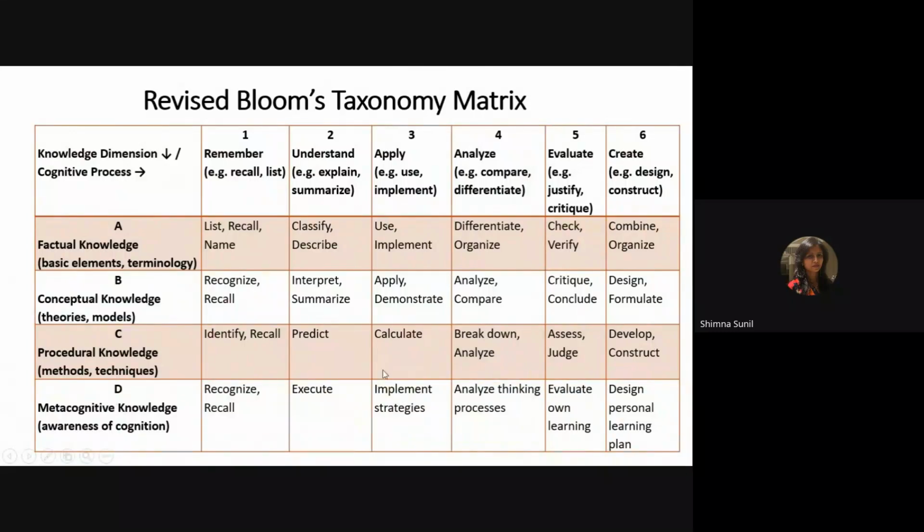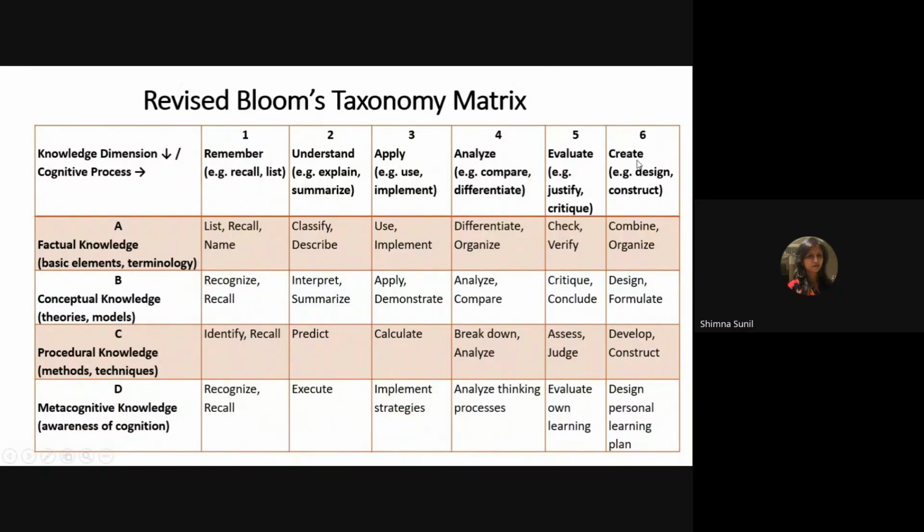Our major aim is to shift from the first quadrant to the sixth quadrant. Content, we will have all kinds of contents in hand, but our aim is to move from quadrant number 1 to number 6.